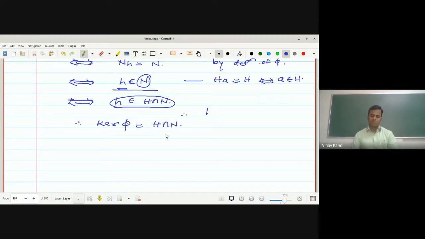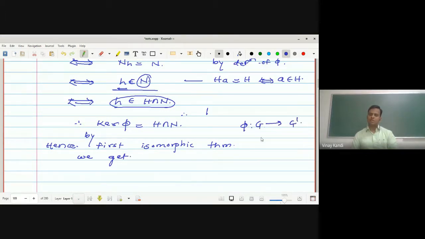By the previous theorem, hence by the first isomorphism theorem, if phi is a function from G to G dash, then G upon kernel of phi is isomorphic to G dash.